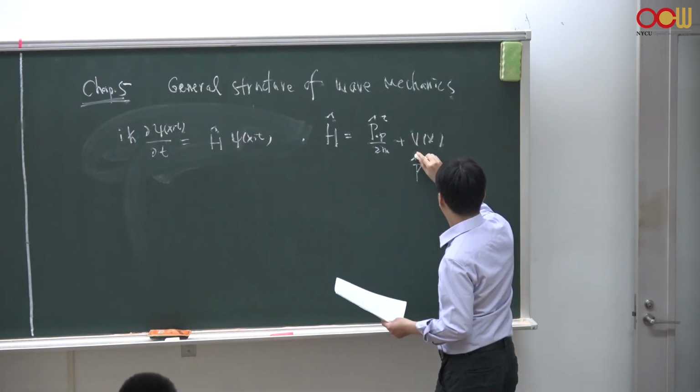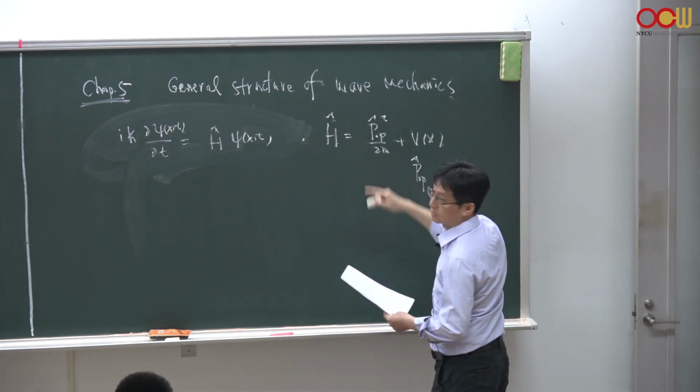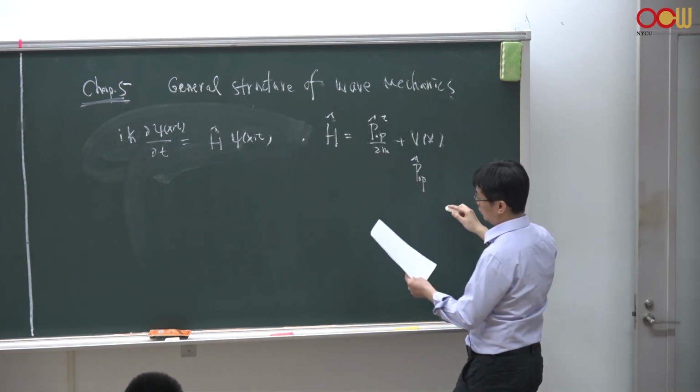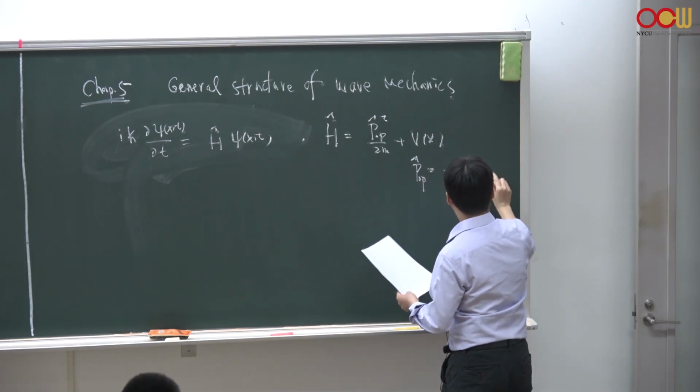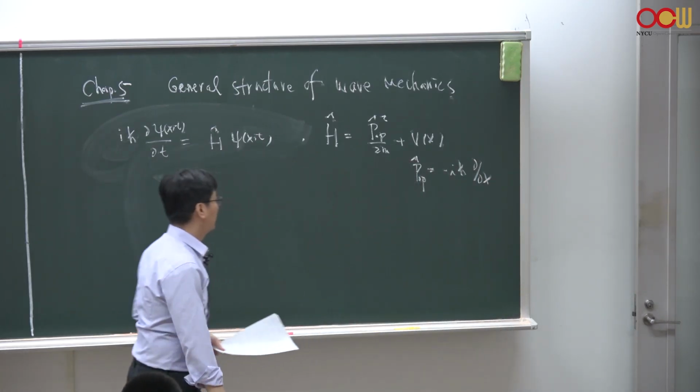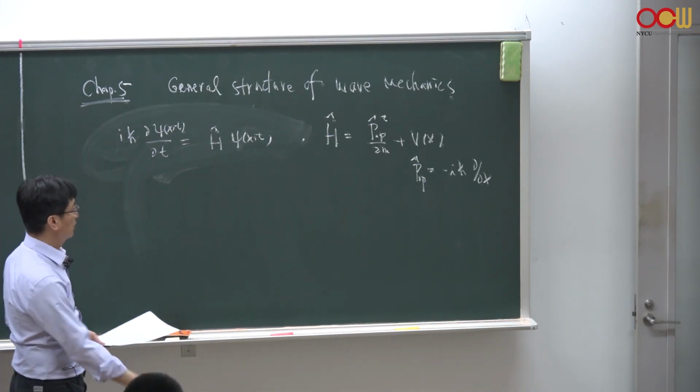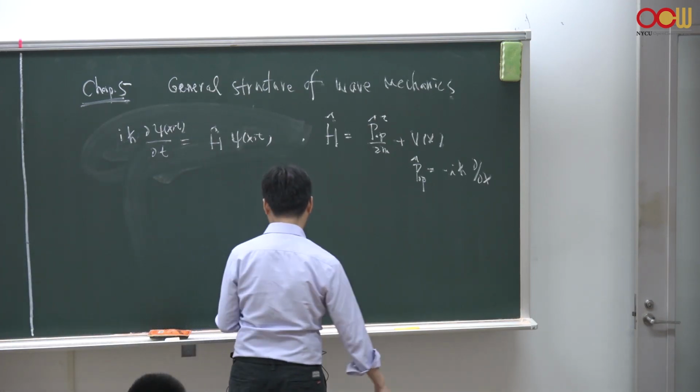And we know that the kinetic energy operator is given by p squared divided by 2m, where p is the momentum operator, which is minus h bar d by dx, acting onto any arbitrary wave function.